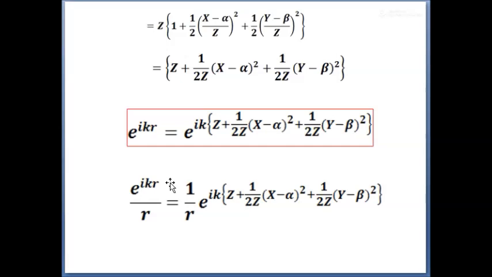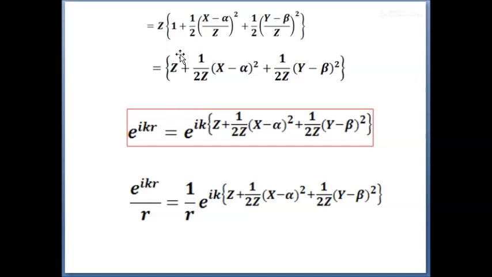And we can apply the binomial theorem, and as x minus alpha by z is very less than 1, I can neglect the higher terms of x minus alpha by z and y minus beta by z. So the form of this equation will be z into 1 plus half of (x minus alpha by z) square plus half of (y minus beta by z) square.